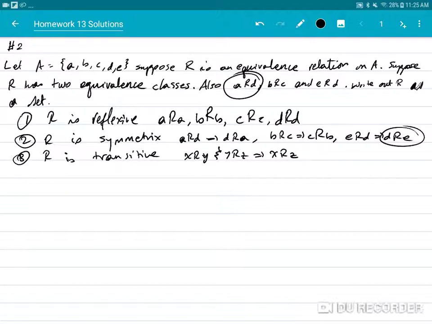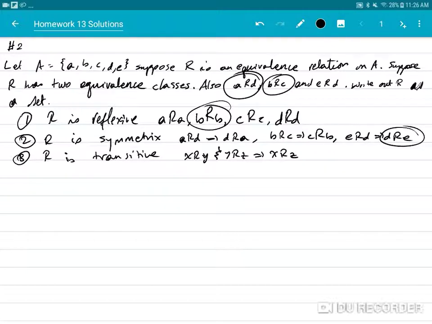And for example, B is related to B and B is related to C, so B must be related to C. So we will be using these to form our R.